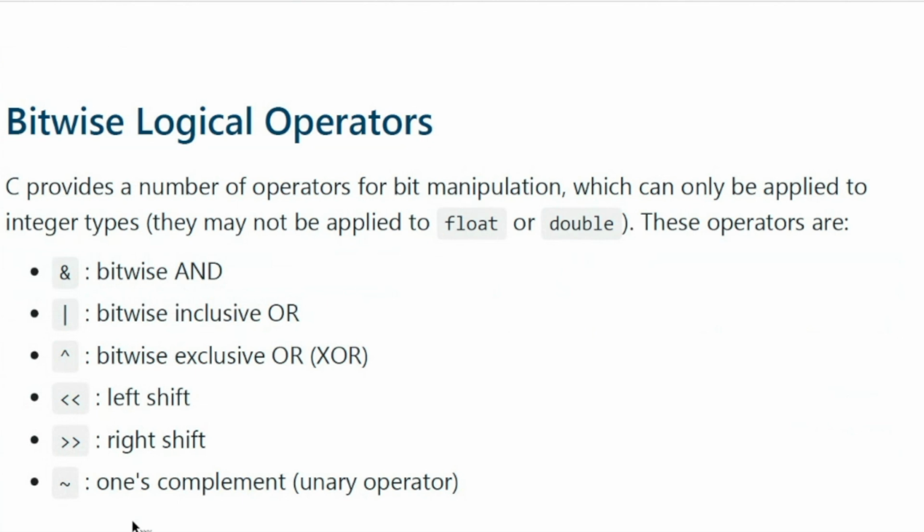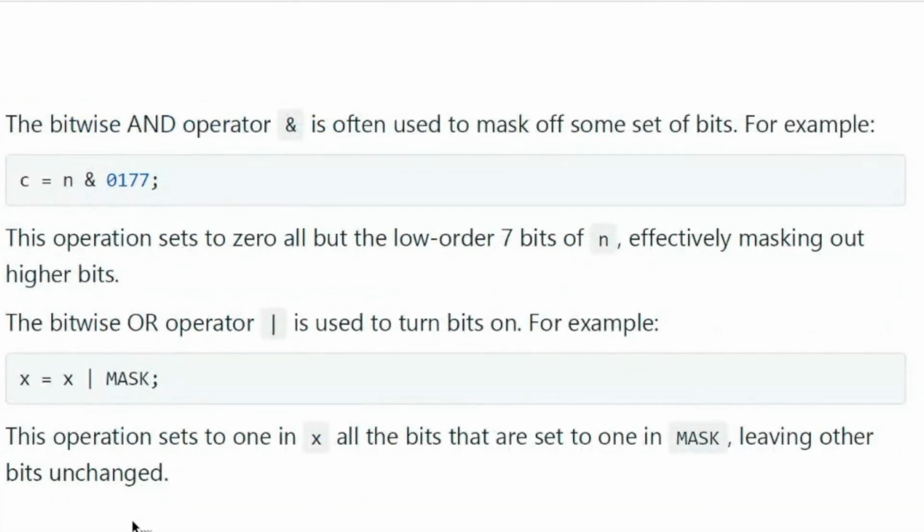Okay. First of all, it only applies to integer types. And usually it actually applies to their binary form. So we're going to see some examples later on. For example, we're going to do a bitwise AND operation using this AND sign.